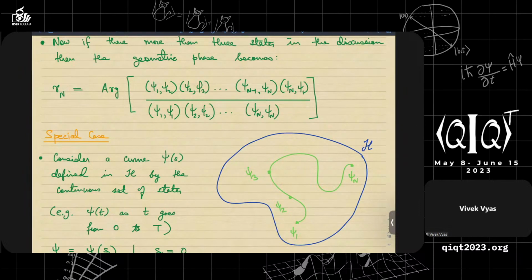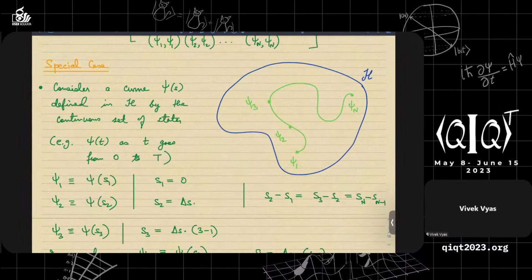Typically, in most cases in physics, we are not interested in such a scenario. We are interested in scenarios where you start with a particular state and that state evolves as you change a parameter. For example, you have constructed a system in some state, a particle in a box or something, with an initial state, and then you allow it to evolve in time.